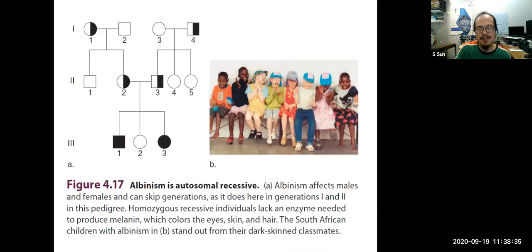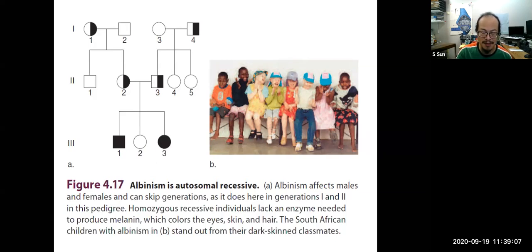For example, this one refers to the pedigree chart of albinism. Albinism is recessive. It's autosomal recessive, meaning that it affects both sexes.